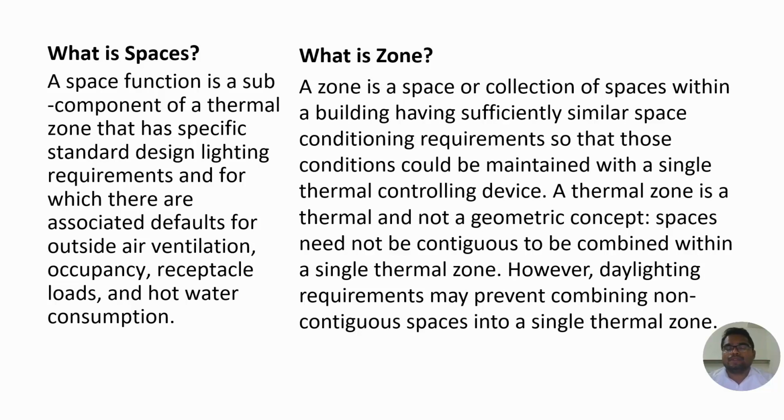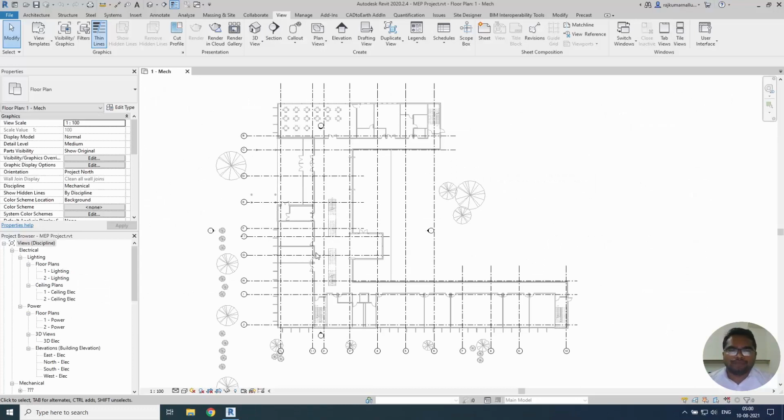Like this, the properties are similar across the classrooms. In that case, we can combine all the classrooms on a single floor into a single zone. The properties must be similar, then we can combine them as a zone. With that, let's go to Revit.